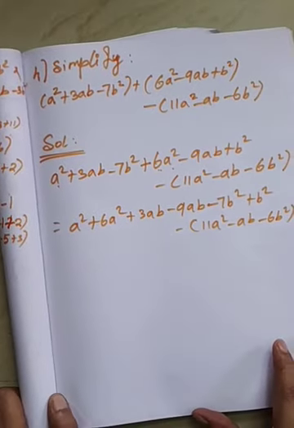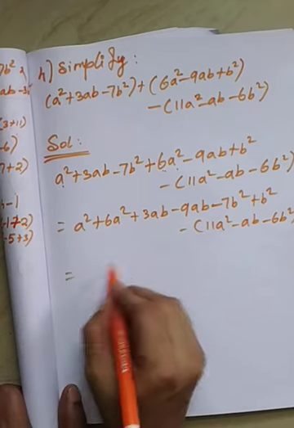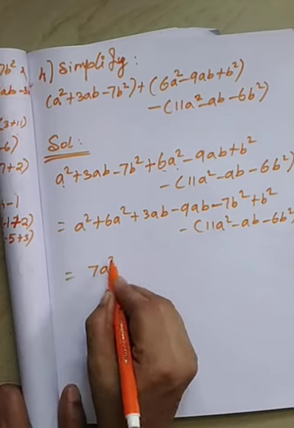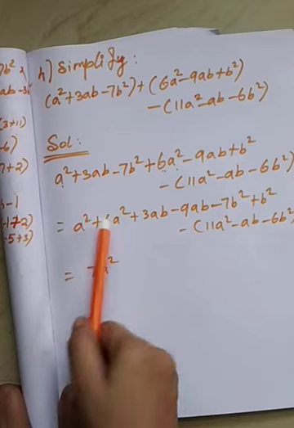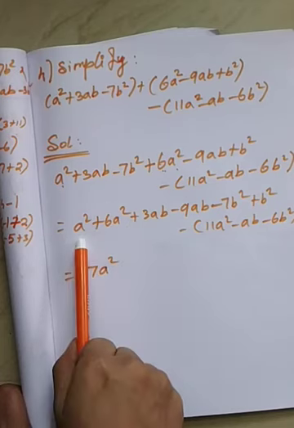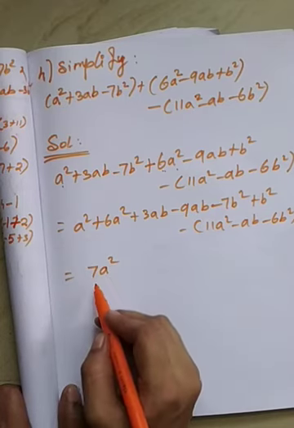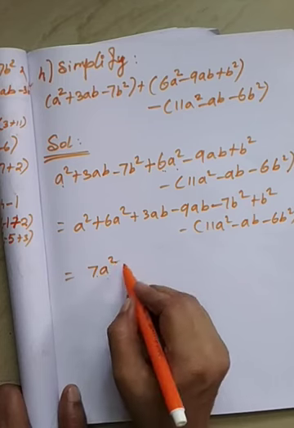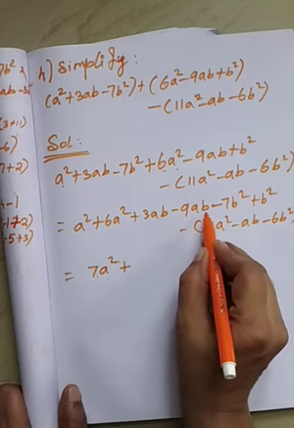Okay, now see here a squared plus 6a squared. So directly you have to write 7a squared. Everybody knows this addition, right? Or otherwise you have to take the common value a squared, and after that you have to add the constants. Okay, see, a squared plus 6a squared means 7a squared, plus 3ab minus 9ab.